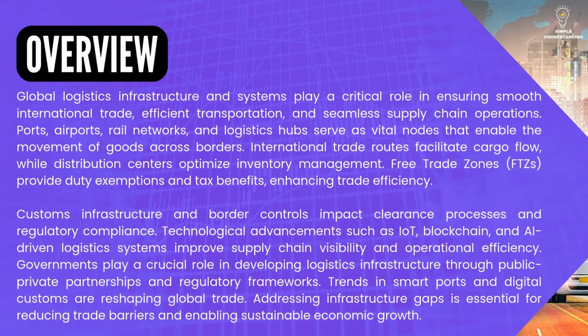Overview. Global logistics infrastructure and systems play a critical role in ensuring smooth international trade, efficient transportation, and seamless supply chain operations. Ports, airports, rail networks, and logistics hubs serve as vital nodes that enable the movement of goods across borders.